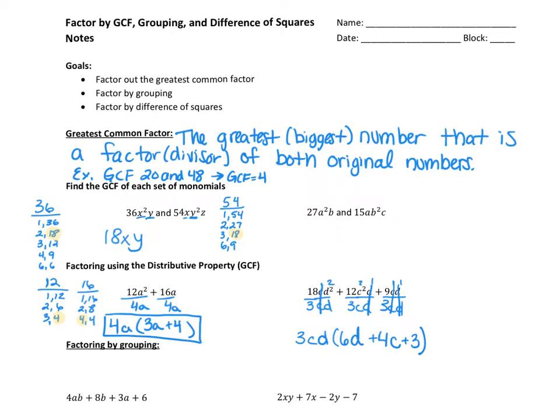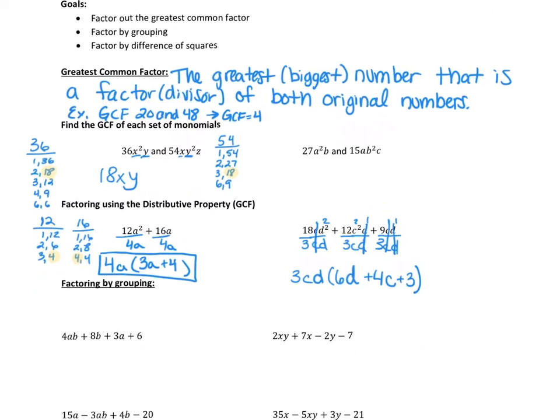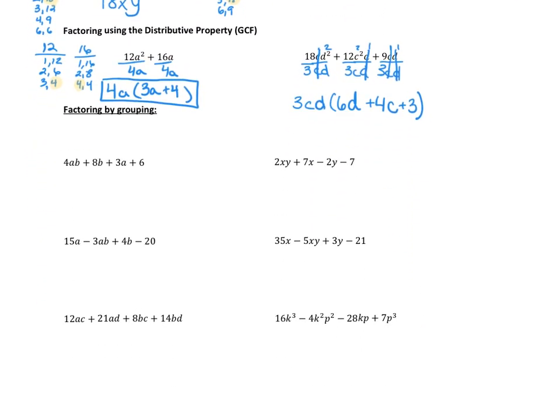So GCF is extremely important because it's always going to be the first thing you check for when we go into factoring. It also leads well into factoring by grouping, because when we factor by grouping is when we have 4 terms. And we're essentially going to group them into pairs and then take the GCF from each pair.